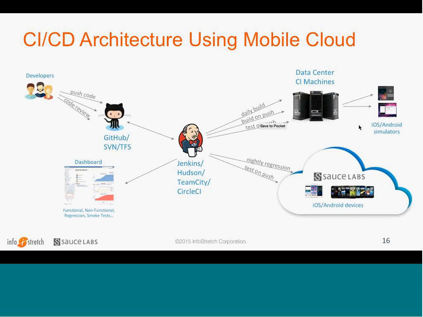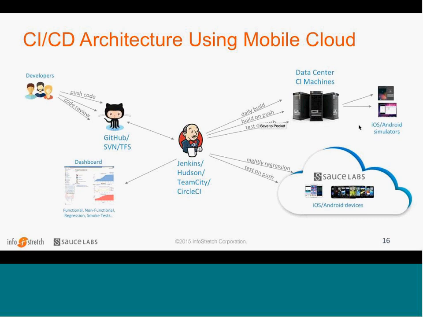And again, it builds on multiple devices on the Sauce Labs device cloud and gets those results put back to my ALM system. So I'm using HP ALM or a different ALM tool, and I can integrate everything within my Jenkins server.